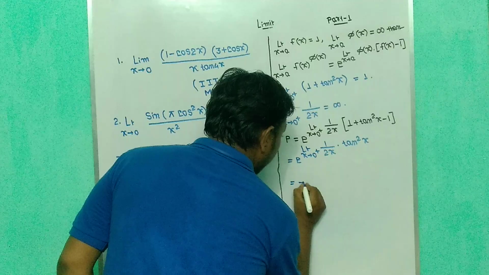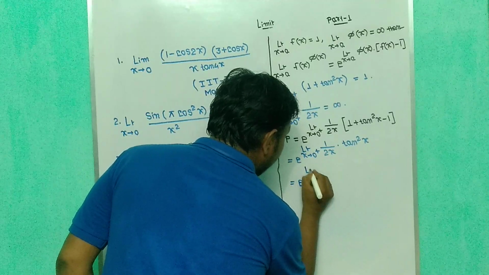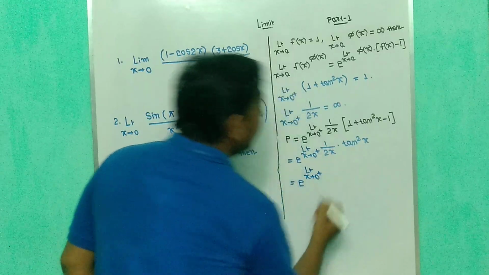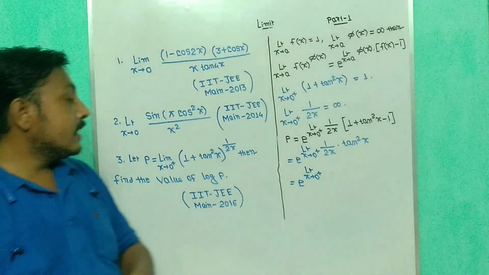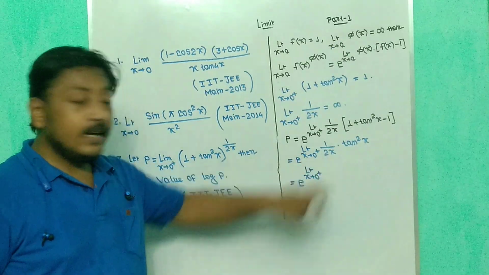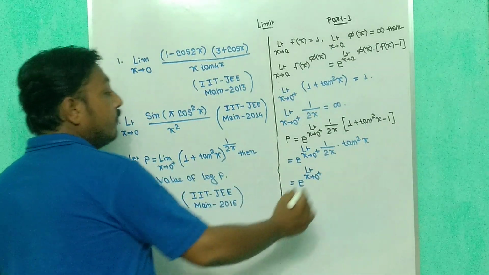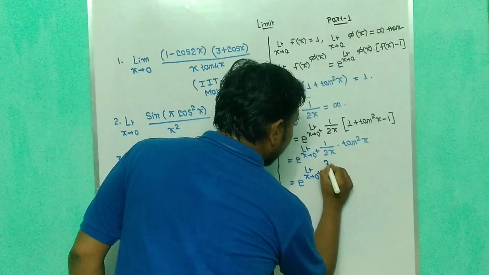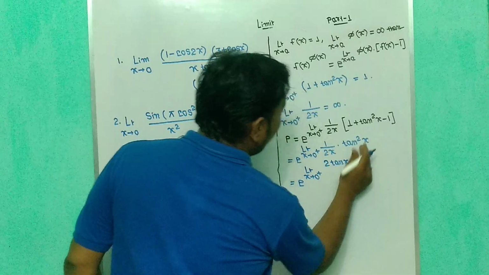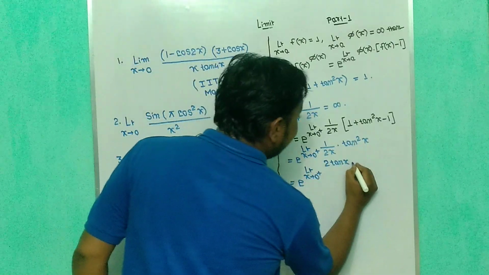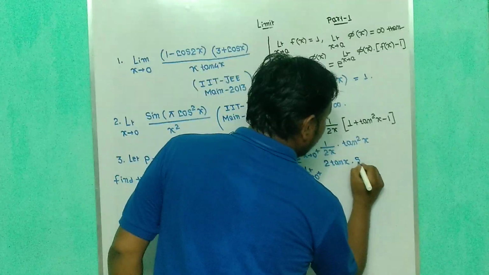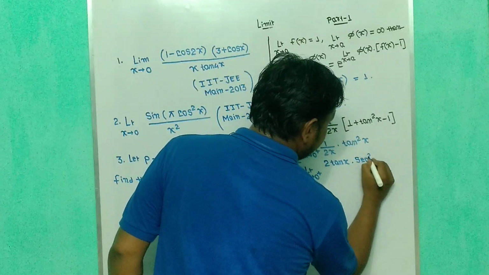I am telling you. e to the power limit x tends to 0 plus. L'Hospital rule means you have to differentiate the numerator part and the denominator part. If we differentiate the numerator, tan square x, we get 2 tan x, and the derivative of tan x is sec square x.